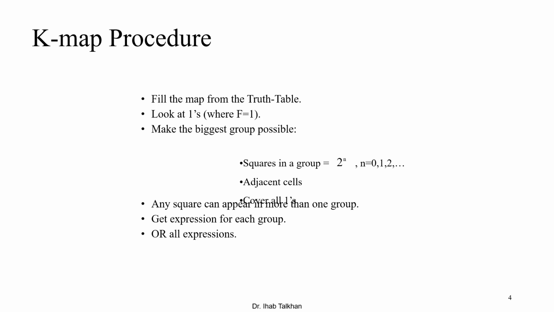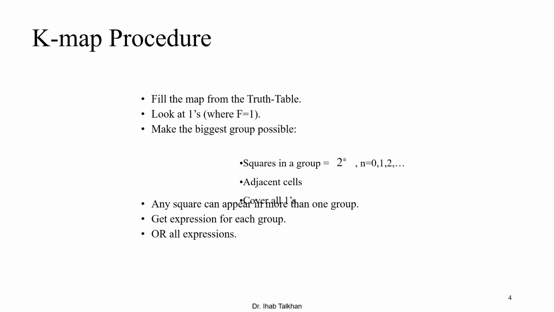Any square can appear in more than one group, which means that you can have an overlap. If you have one square in one group, this square can be used with another group, you can do that. This is what we call the overlapping between cells, and this will be explained in detail in the next applications or examples. At the end, you get the expression for each group, and then you OR all the expressions. So actually, these are the rules of the K-map.